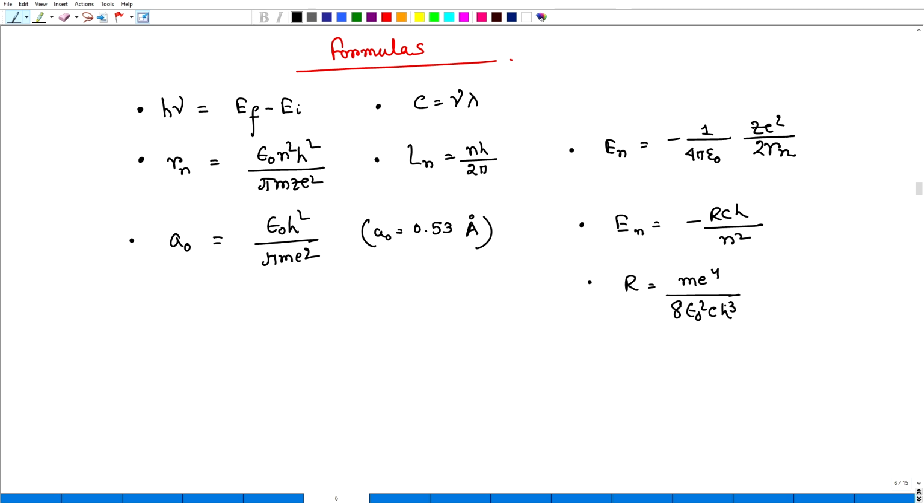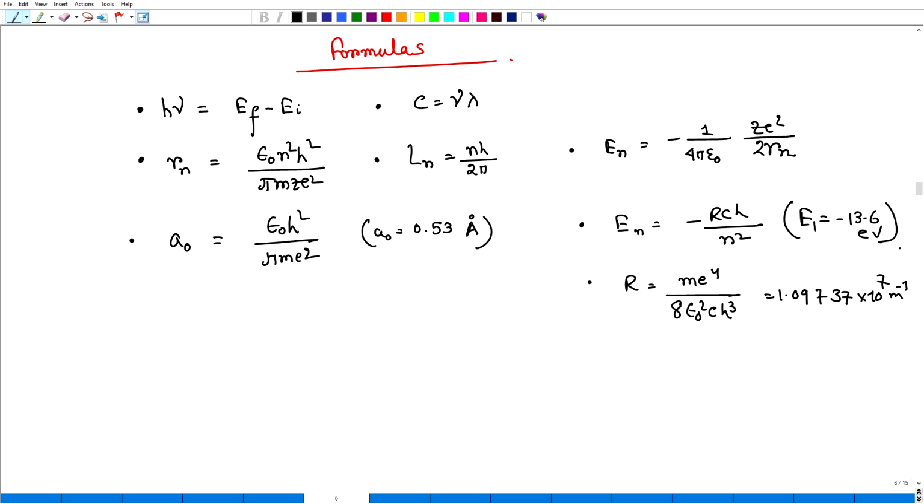This is for the hydrogen atom. The value is 1.09737 into 10 to the power 7 meter inverse. The ground state energy of the hydrogen atom, E_1, is 13.6 electron volt.